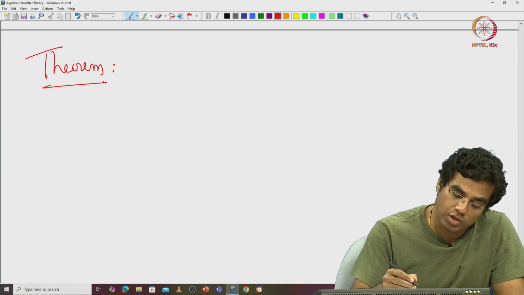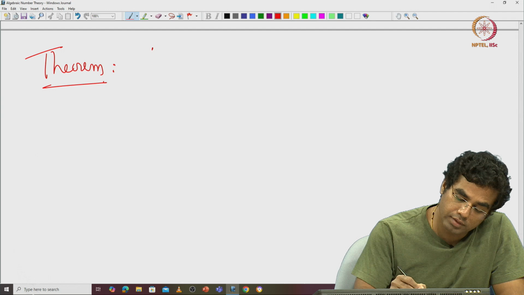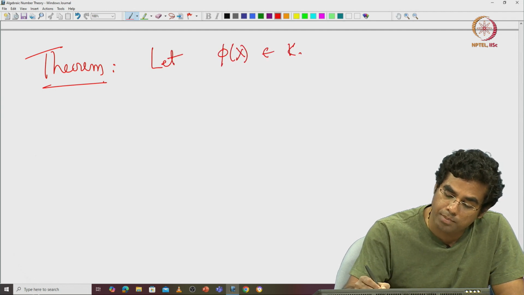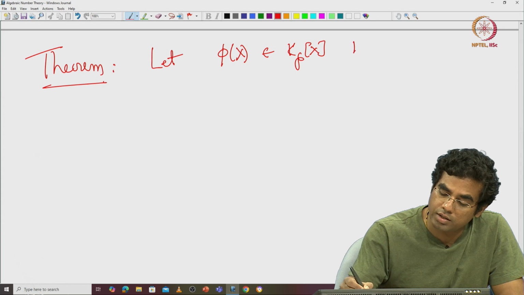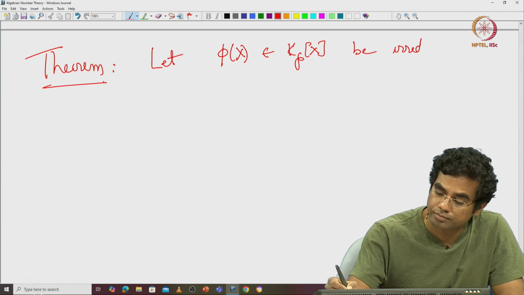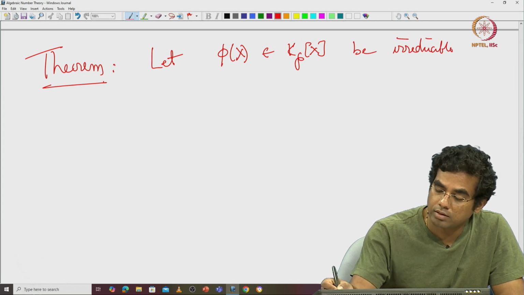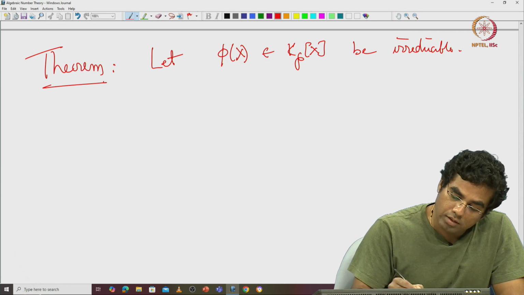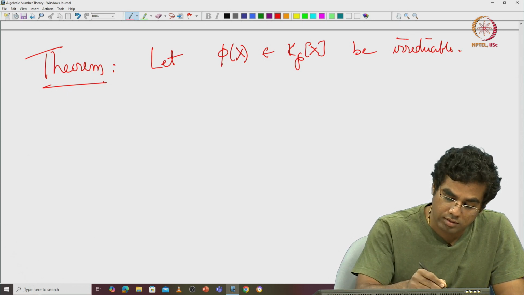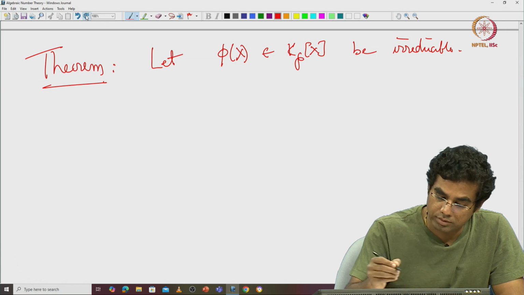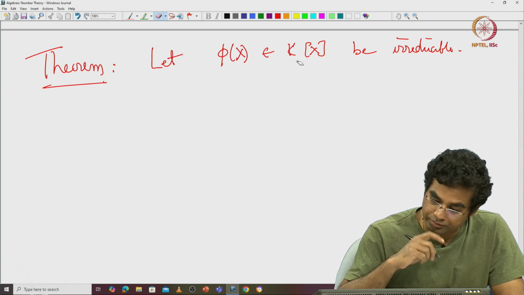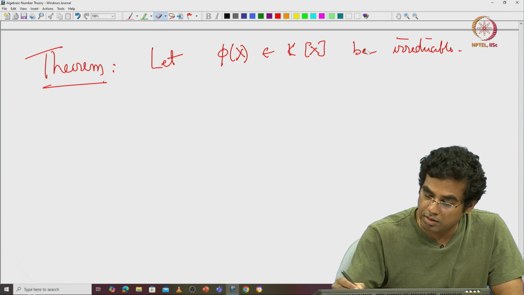Okay. So, again the notation is as above and let phi of x be irreducible. Sorry, not in K_p[x]. Let me do this again.